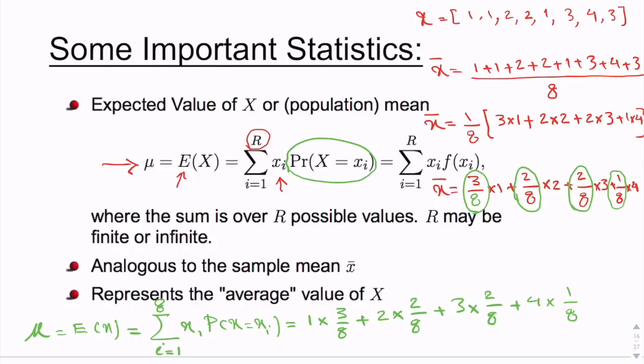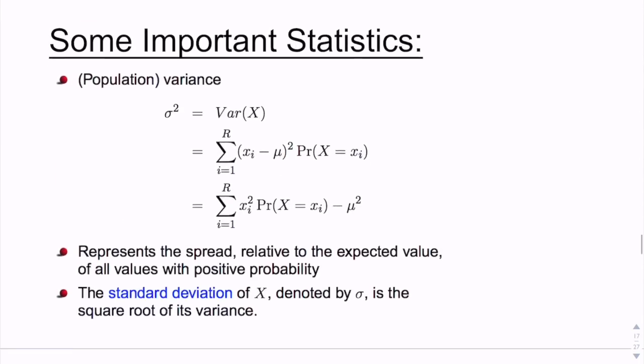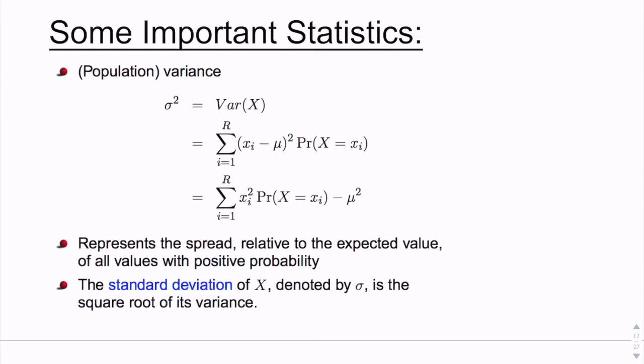So for some distributions, we need to multiply by their own probabilities, not simply sum the numbers up and divide by the number of samples. Another important statistic is variance, and also standard deviation.